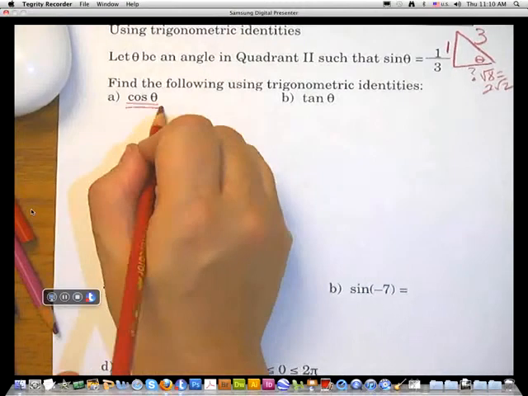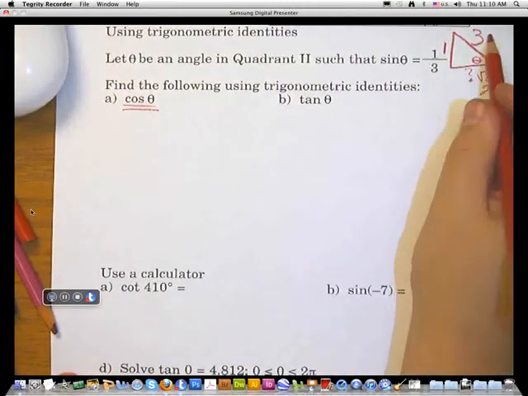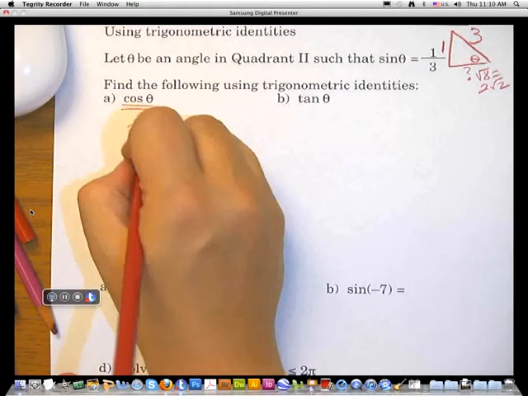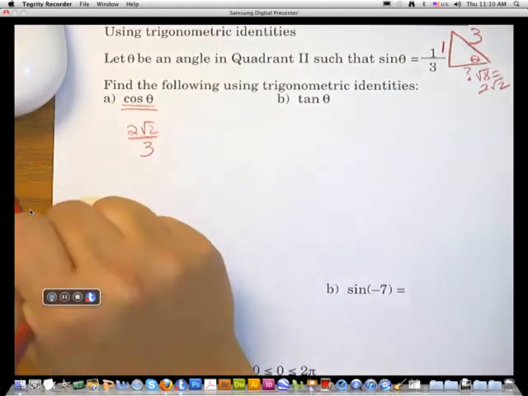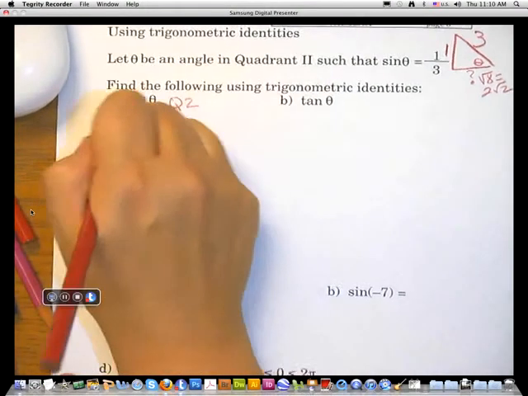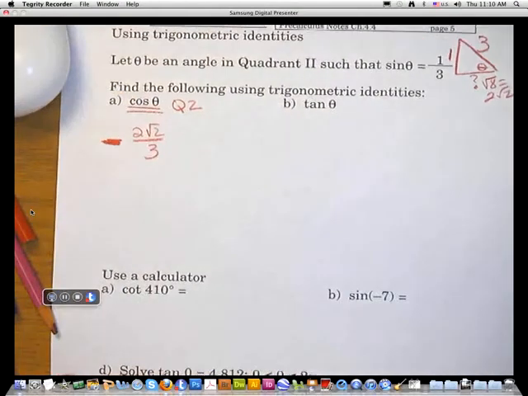Then what is cosine? Well, it's adjacent over hypotenuse. But it's in quadrant 2, so it's negative.